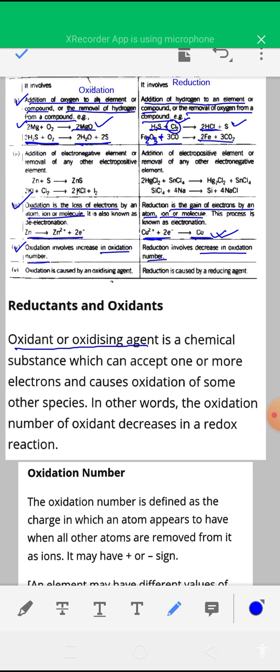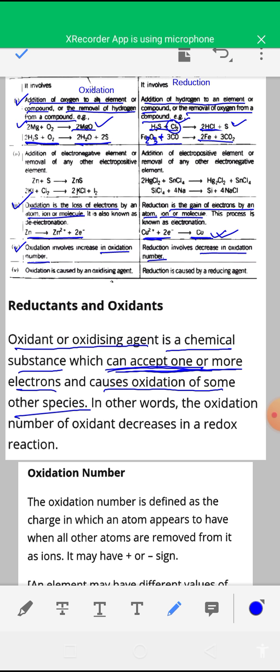An oxidant or an oxidizing agent is a chemical substance which can accept one or more electrons and causes oxidation of some other species. Similarly, reductant or reducing agent is a chemical which can lose one or more electrons and causes reduction of some other species.